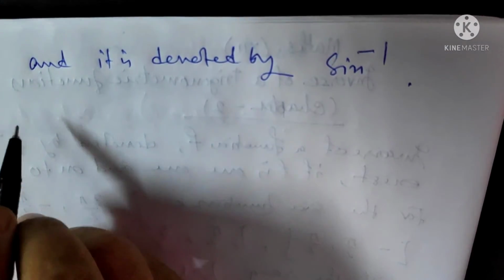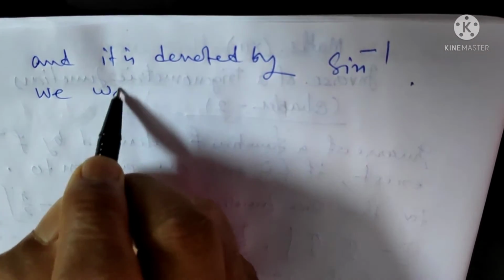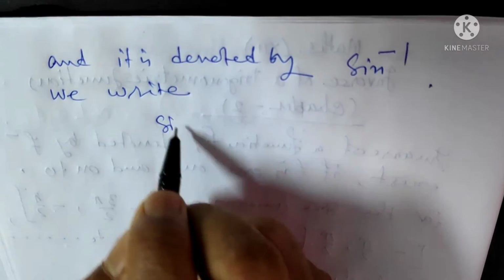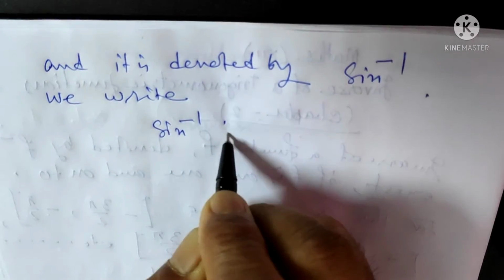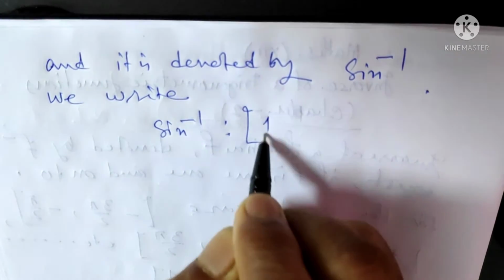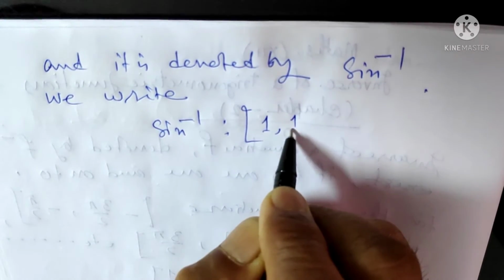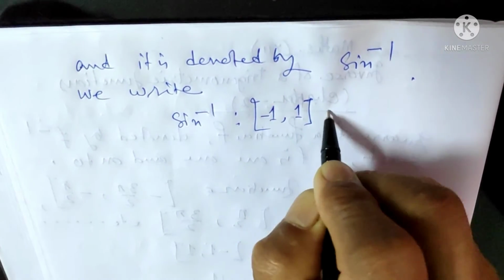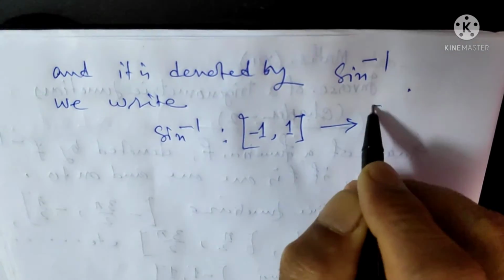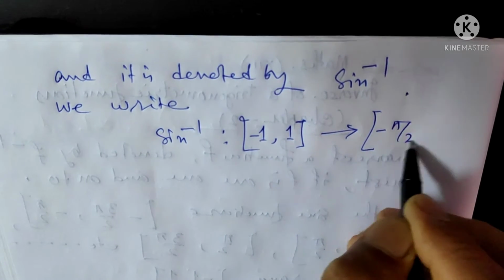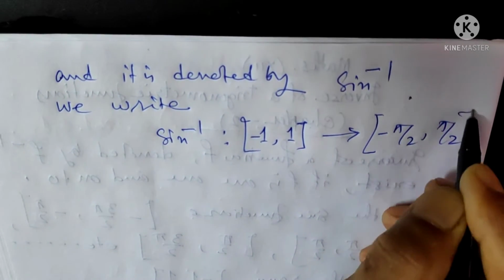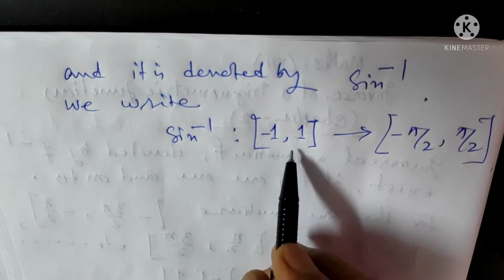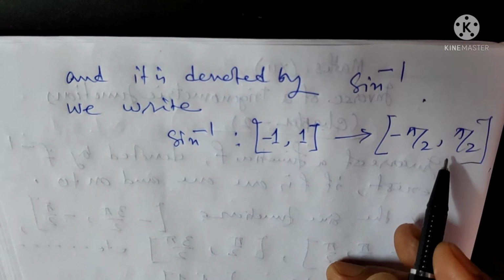We write sine inverse from minus 1, 1 to minus pi by 2, pi by 2. For the sine function, it is the domain and it is the range.